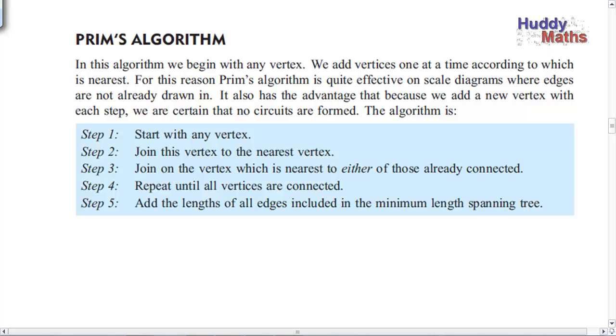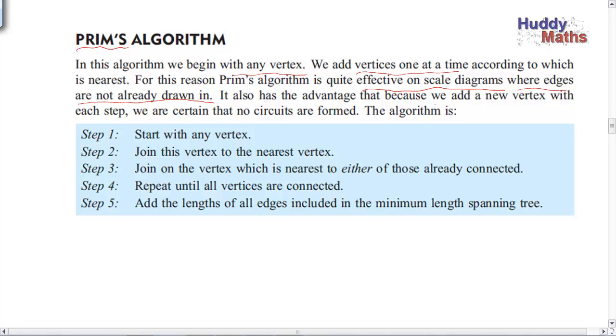This is Prim's algorithm, after the person who developed this method. What we're going to do is start with any vertex and add vertices one at a time. Notice there is no circuit or network diagram at all at the moment. So it's quite good if you've got a scale diagram where edges are not already drawn in, just the towns or the points of the fountain.